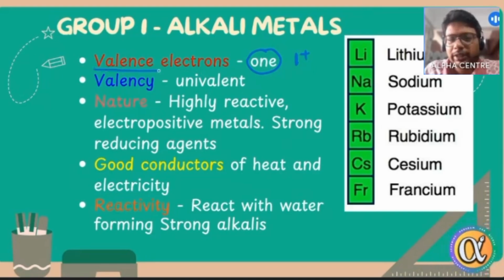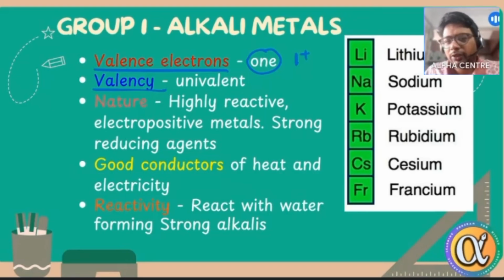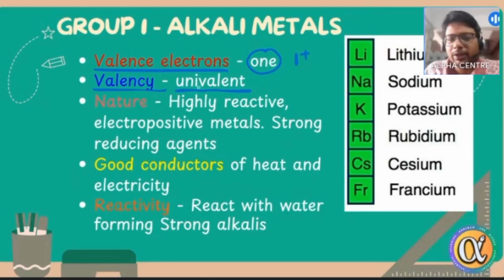Here we need to understand the difference between valence electron and valency. Valence electrons are the number of electrons present in the outermost shell, while valency is the number of electrons participating in a chemical reaction, either through giving, taking, or sharing. So valency is also 1 because all these metals generally lose their first electron.